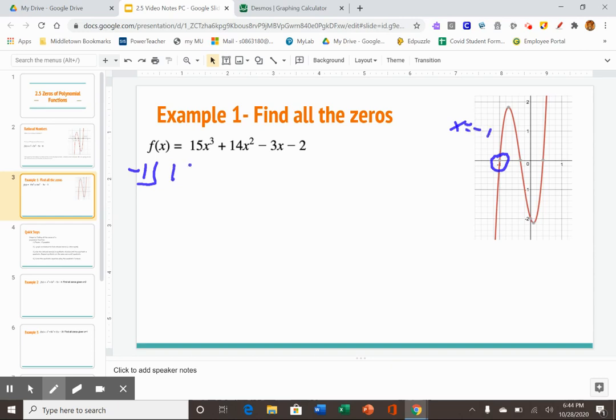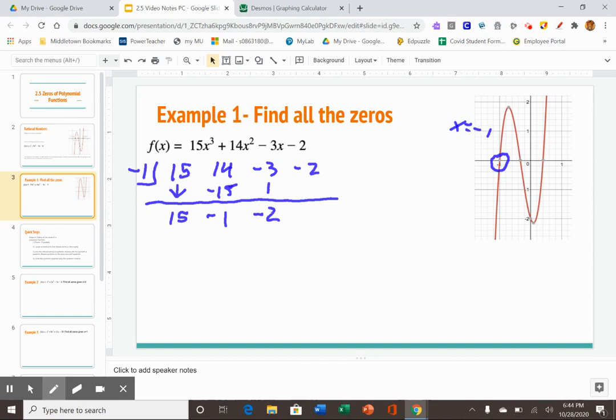So if you remember from last class synthetic, we have to write our coefficients, 15, 14, -3, -2. Draw that little line. First one, we drop the 15. 15 times -1 is -15. 14 minus 15 is -1. -1 times -1 is 1. -3 plus 1 is -2.